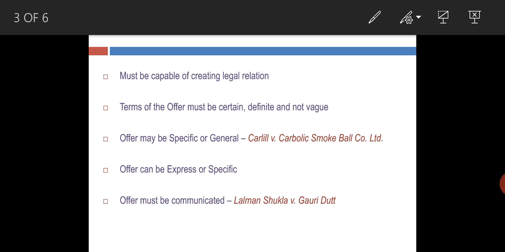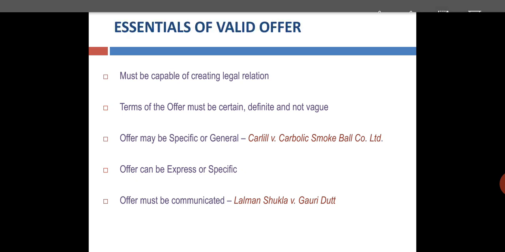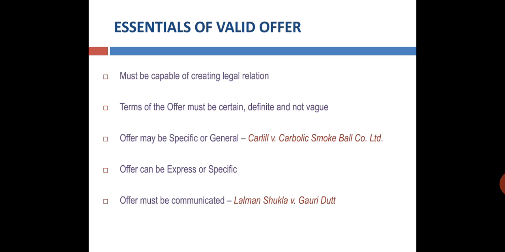Subsequently, Lalman Shukla came to know of this particular reward, and he went to Gauri Dutt and claimed the reward, saying that I have brought the boy home, you need to give me this reward which you had announced. Now, Gauri Dutt said that I never made an offer to you, meaning that if you did not even know about this offer, how can you go ahead and accept the offer, because you did not even know about this reward which I had announced.